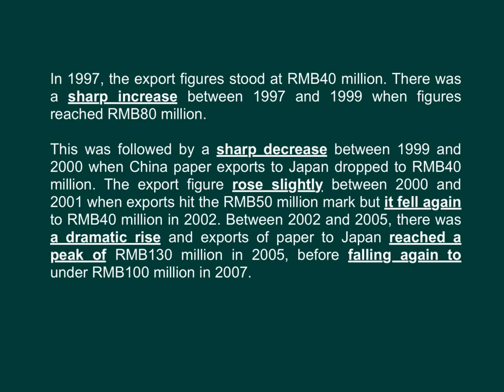There was a sharp increase between 1997 and 1999, when figures reached RMB 80 million. This was followed by a sharp decrease between 1999 and 2000, when China paper exports to Japan dropped to RMB 40 million.